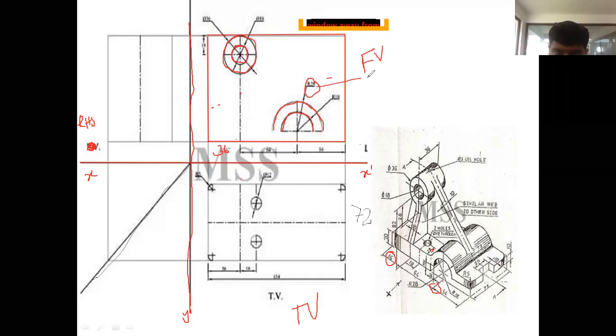So this is R28 and this is R18. Exactly from this distance it is 54. We are going to draw this radius.